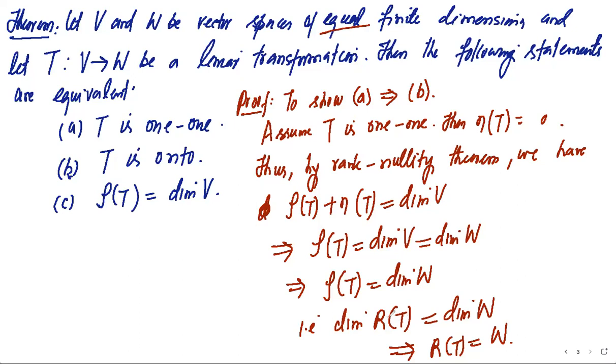तो इस तरह से अगर हमें range of T का dimension है dimension of W के बराबर, तो यहाँ से अब हम R of T में एक basis choose कर सकते हैं जिसके कितने elements है? n elements.